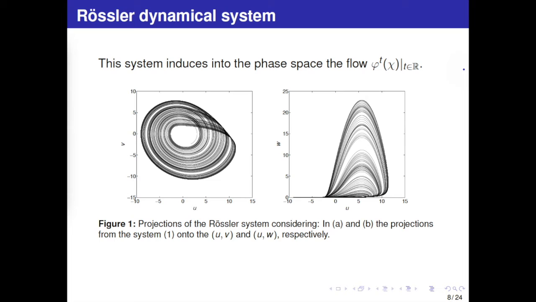For instance, in the projection on the left-hand side, the range is between -10 to 15 for the variable u, and from -15 to 10 for the variable v.